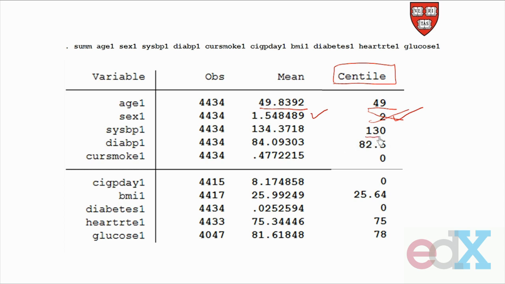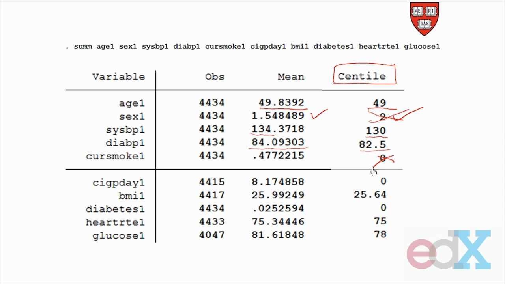Systolic, it's pretty much the same, the difference is about 4. The diastolic blood pressure, pretty much the same. The current smokers, the same as sex. It's not very informative. It just tells you that whichever one has got more than 50%.